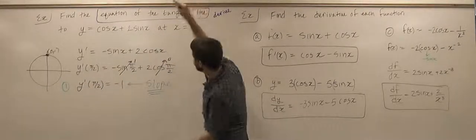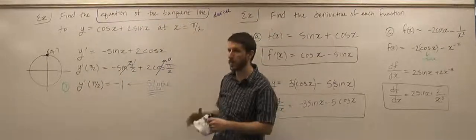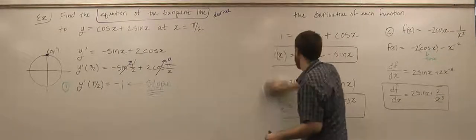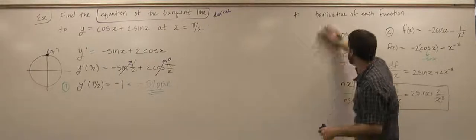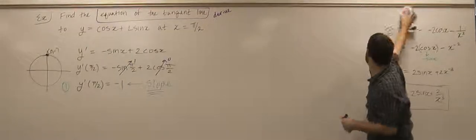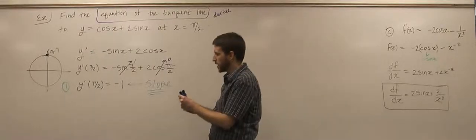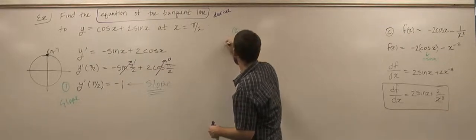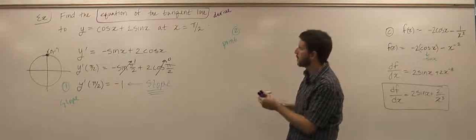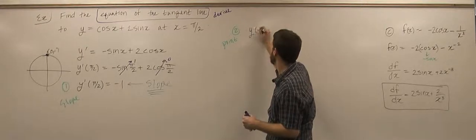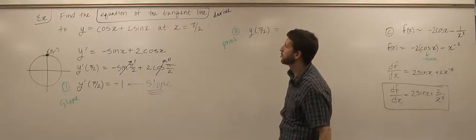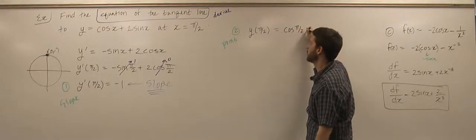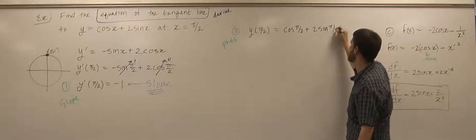Now, to find the equation of a tangent line, you have to find your point. I have the x value of my point, which means I need the y value. What do I do? Plug pi over 2 into the original function. So you've got your slope, now find your point by taking y at pi over 2: cos of pi over 2 plus 2 sine of pi over 2.